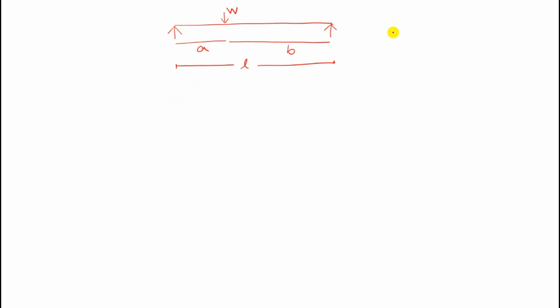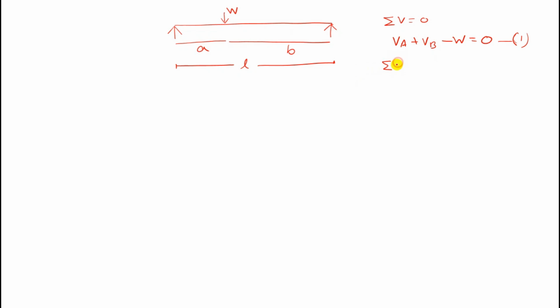Let us try to calculate the reaction. Summation of vertical forces equals 0. So VA plus VB minus W equals 0. This is one equation.